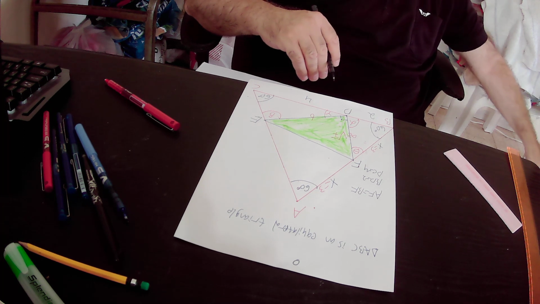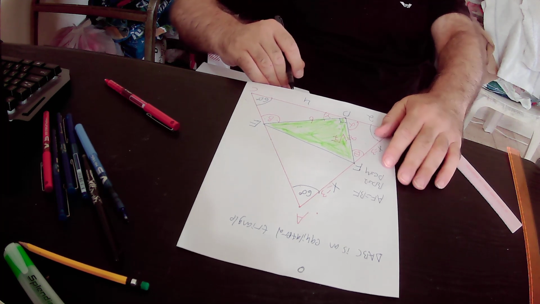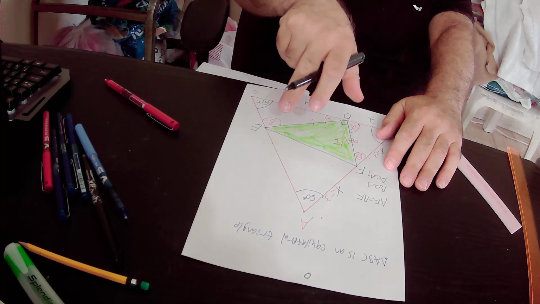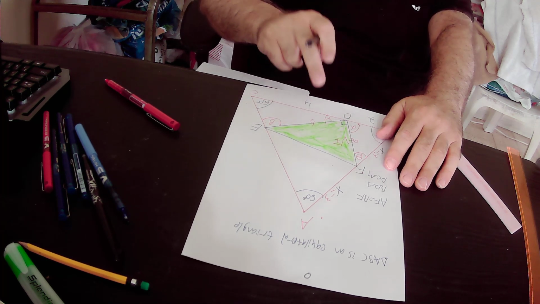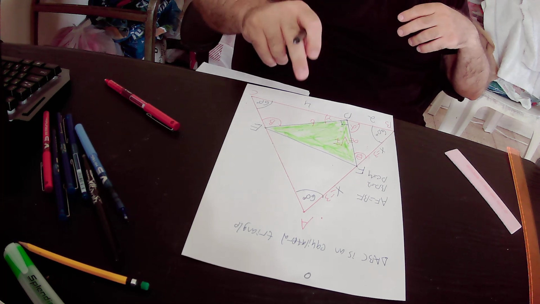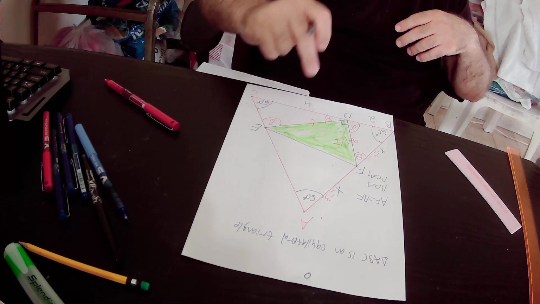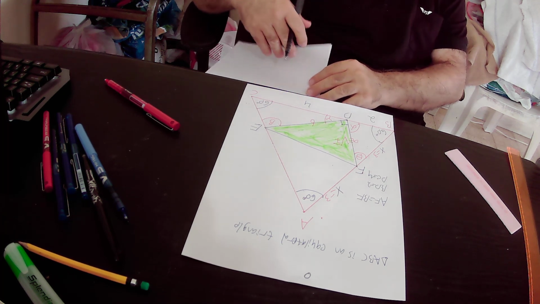After we found out the value of sin beta, we can find the value of DE, which equals b, by using the law of sines in the small triangle DEC.